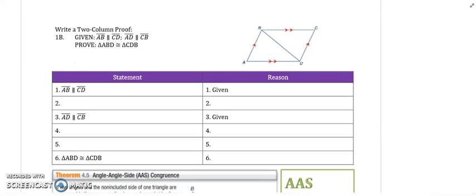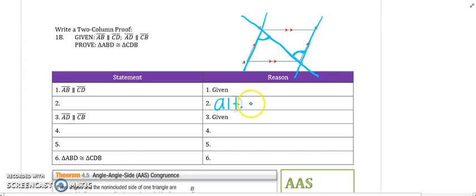Okay, so now we have another one with parallel lines starting off. AB is parallel to CD, and that's already marked for us. I'm just going to extend it so we can see what's going on there. And we have our transversal again. So if you notice, we have these alternating interior angles again, using our parallel lines, and those are always congruent.